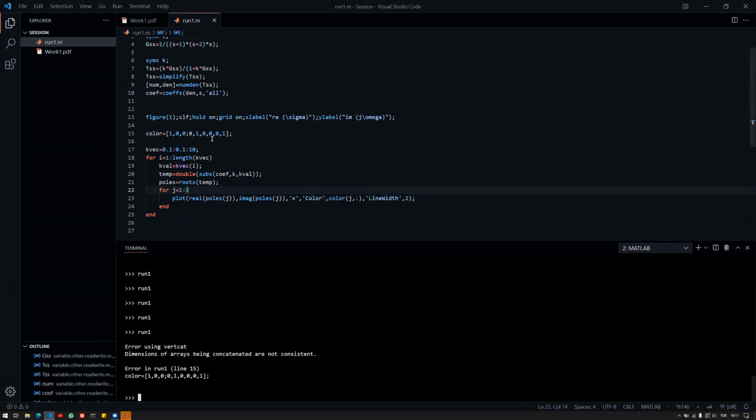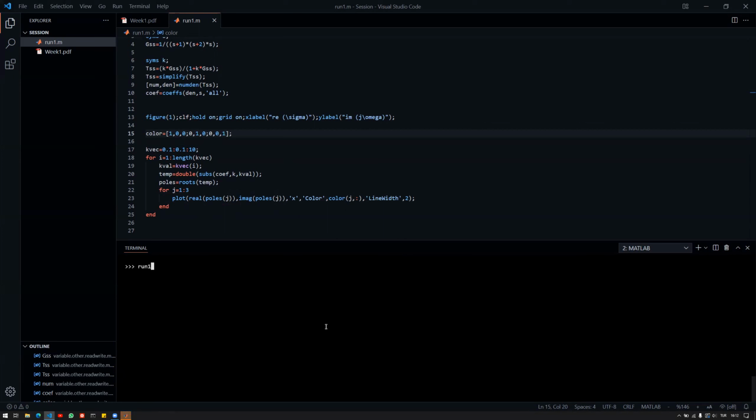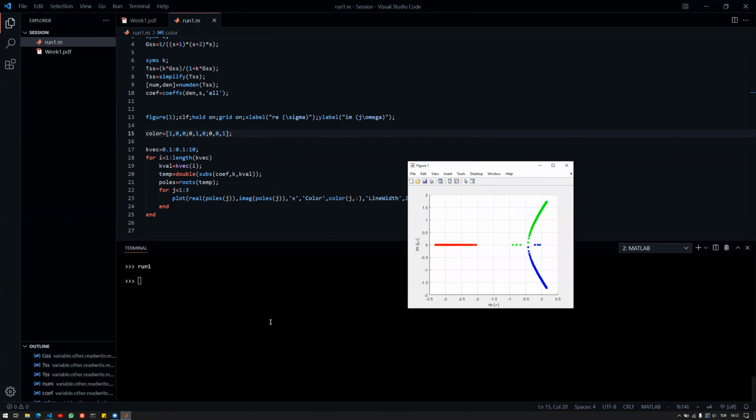And we have a semicolon here. So there we go. This looks a bit better. Now I can trace the pole, so I can see which one went where and what's really happening.